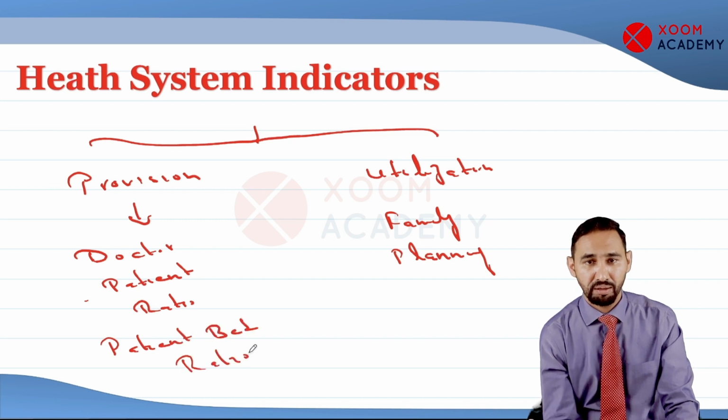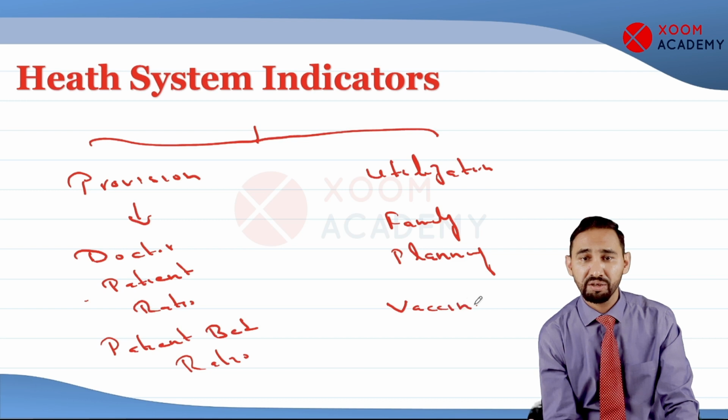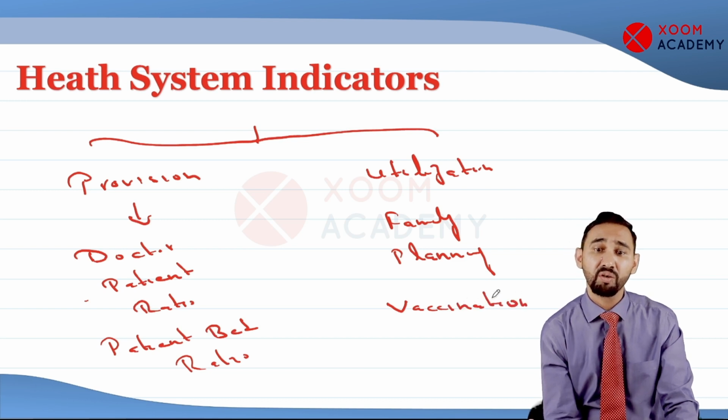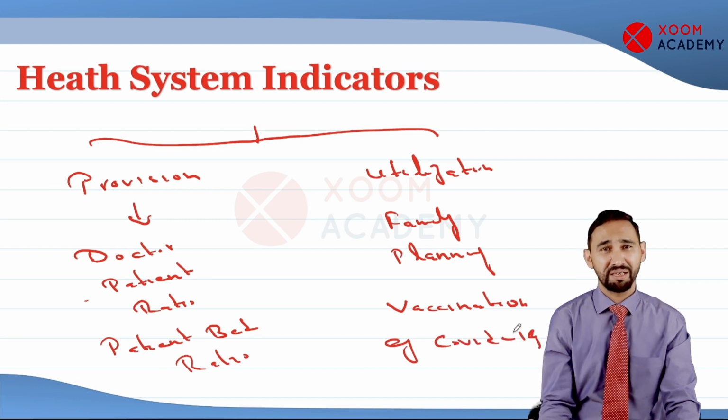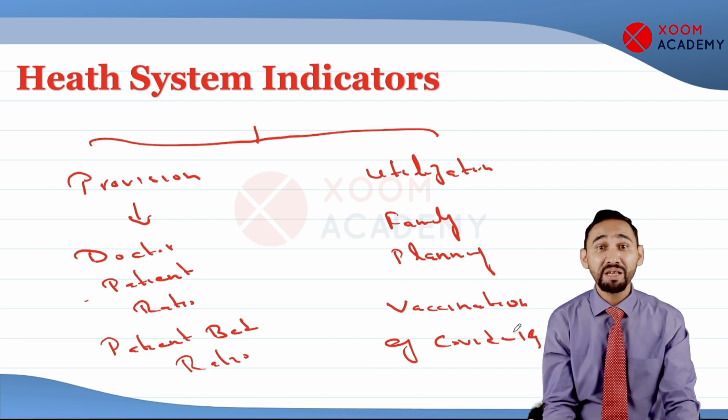And vaccination, how many people are using vaccination services like in coronavirus. We can give example of COVID-19. Government is providing vaccination services to the whole community, but how many people are using these services?